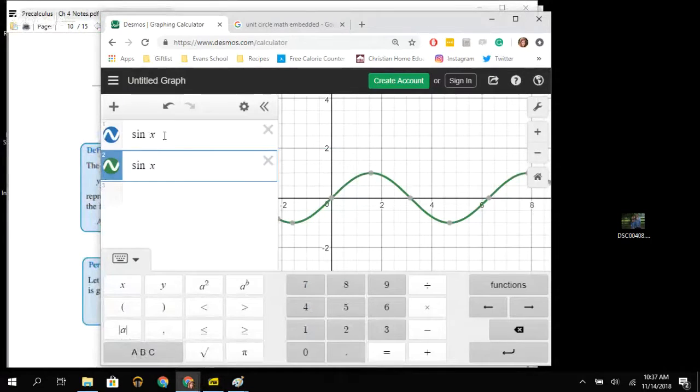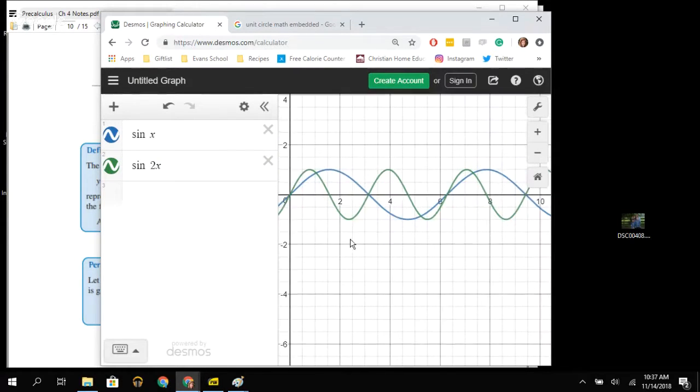So again, the blue is my standard sine function. If inside my sine function, I multiply by 2, okay, now you'll notice that it's kind of hard to see on here, but the blue one is my regular sine function. So here it has a period of 2 pi, right? My green, I've multiplied by 2, so now I actually have a period of only pi.